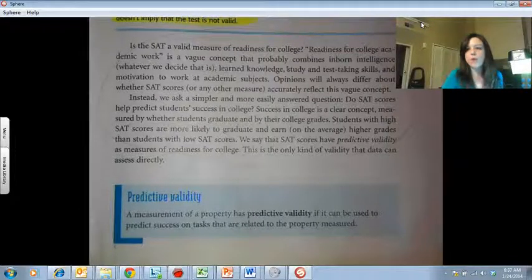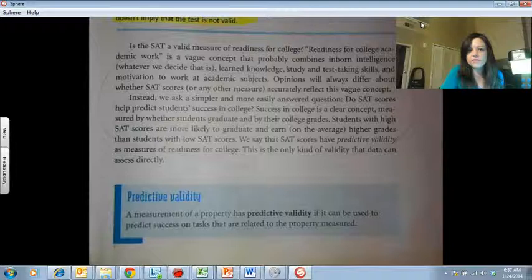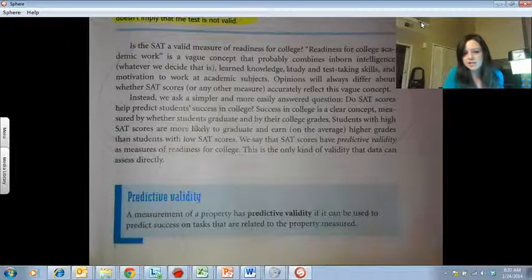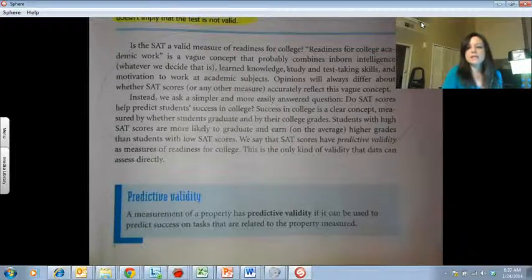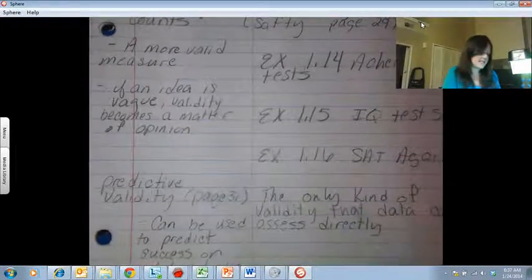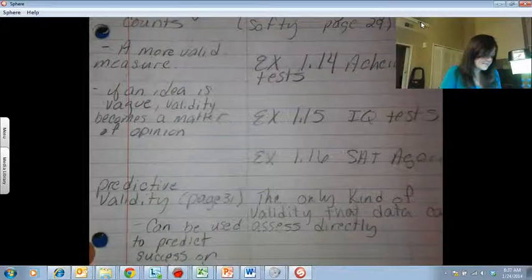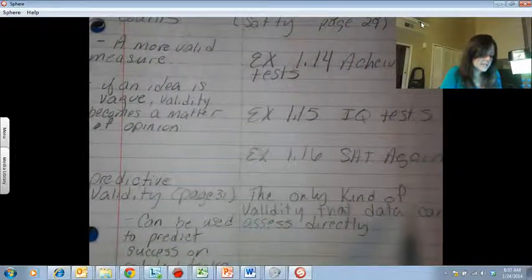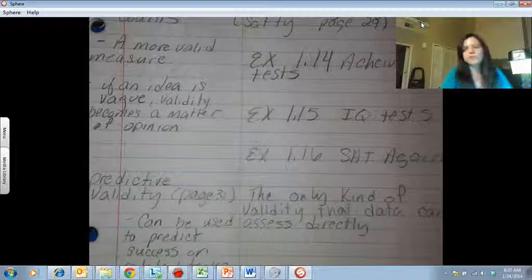Regardless of why they are graduating from college, you can still predict that higher SAT scores will have them graduating from college. It predicts that they're more likely to graduate from college. And what it says right there on page 31 is that predictive validity is the only kind of validity that data can assess directly.